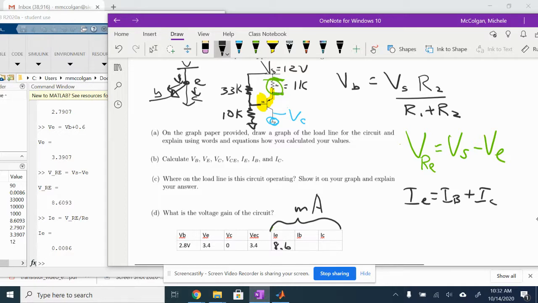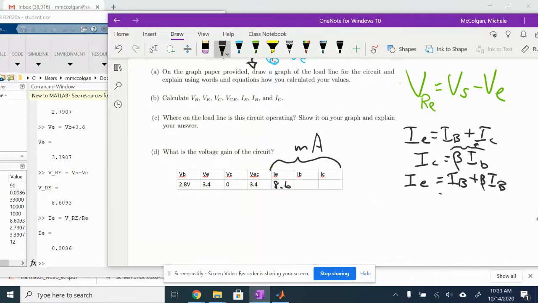And then I'm also going to use the equation that IC is equal to beta times IB, and I'm going to plug this into the equation right there. So I get IE is equal to IB plus beta IB. If I factor out my IB, 1 plus beta, then I can solve for IE.